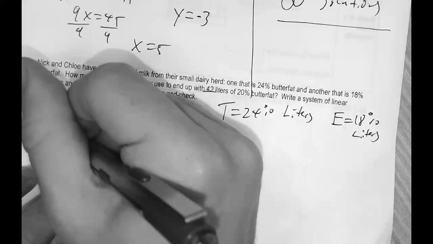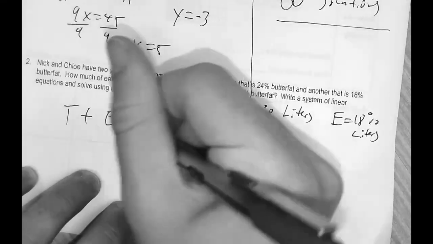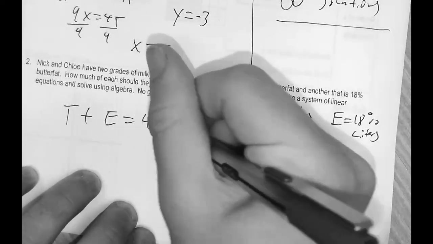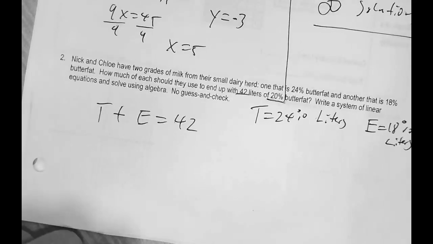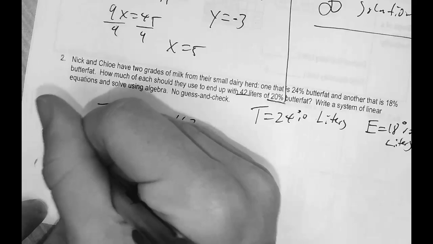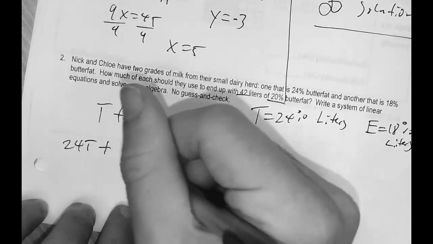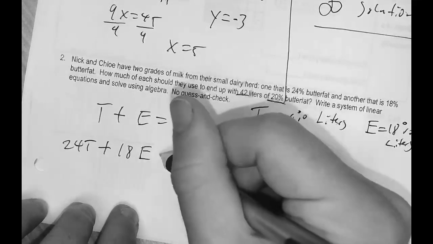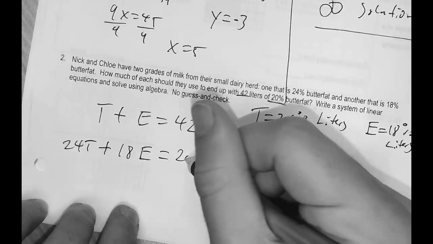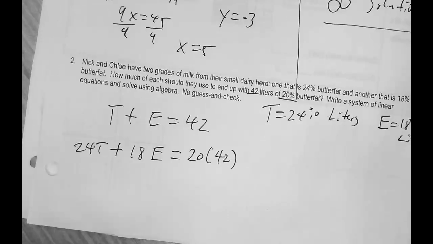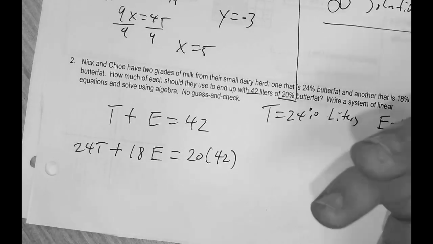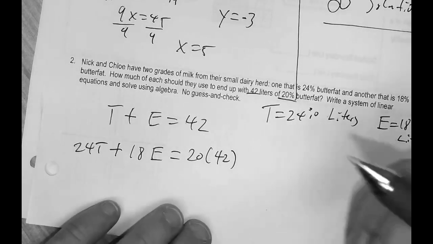So that means that T plus E has to equal 42. It also needs to be 20%. So that means that 24T plus 18E has to equal 20 times 42. And these are my two equations. Okay, so same basically as before.